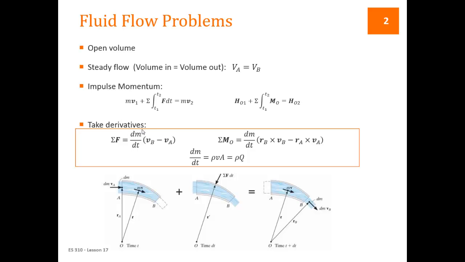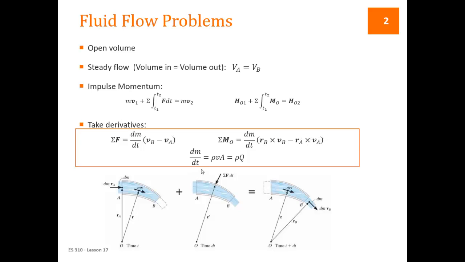And so we have the time derivative of the mass times the difference in the velocities. Rotationally, we have similar equations, so we have the sum of the moments being equal to the time rate of change of the mass times the moment part of our momentum: r cross v minus rA cross vA.